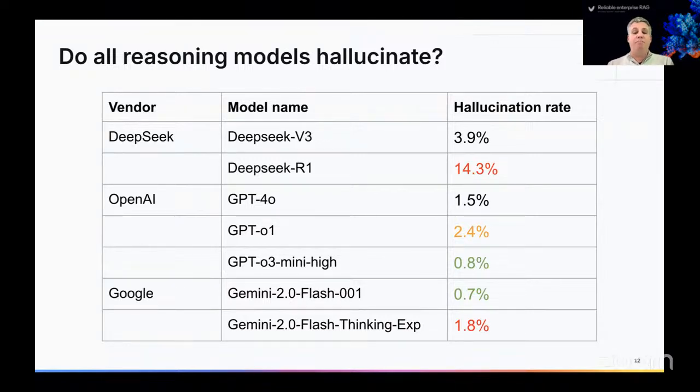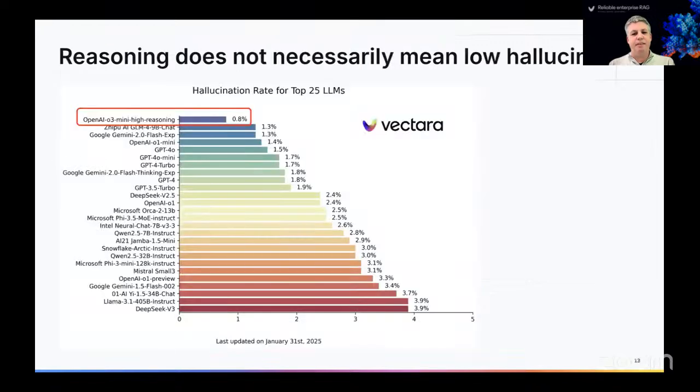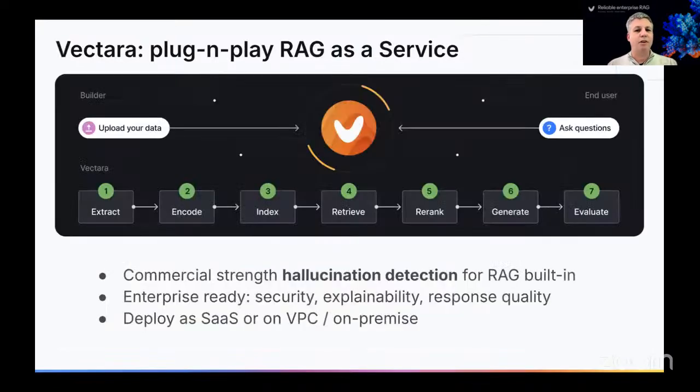But at this point, it is kind of high. Here you can see the reasoning model from OpenAI. Reasoning does not necessarily mean you have high hallucination. You just have to care about it when you train your model and make sure that it doesn't happen this way. All right, so that's my slide.